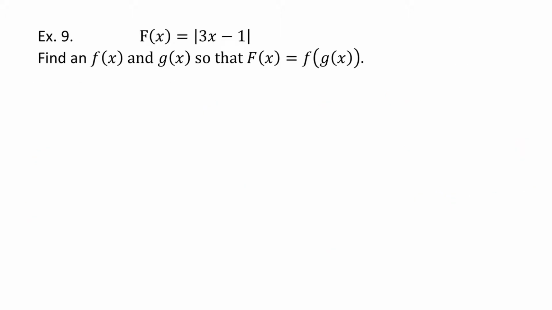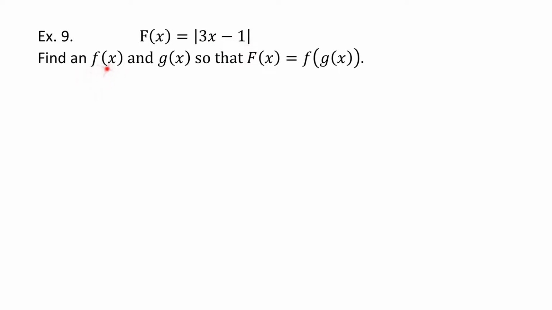Okay, I'm going to skip to example 9 now because I'm breaking this lecture up into 2 sections. Part 2 is going to be the section that requires more writing of stuff, more algebra. Okay, so example 9 here says big F of x is equal to the absolute value of 3x minus 1.